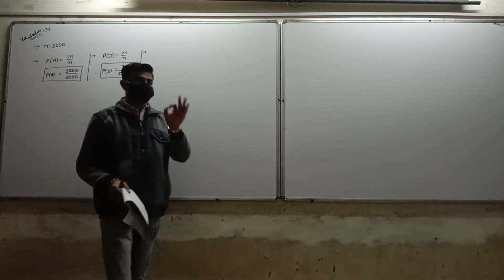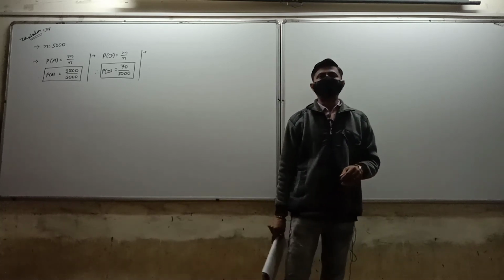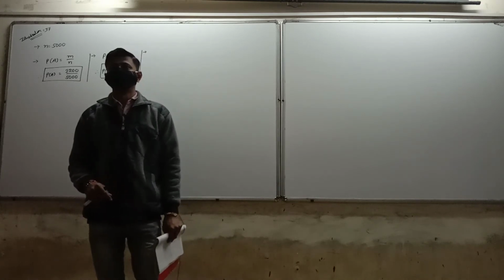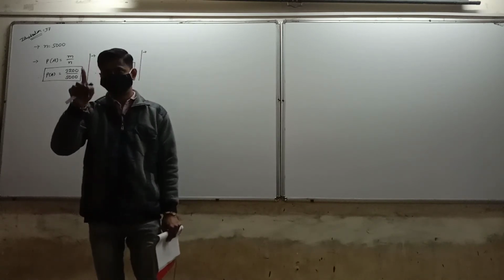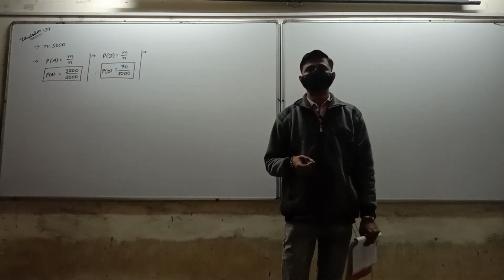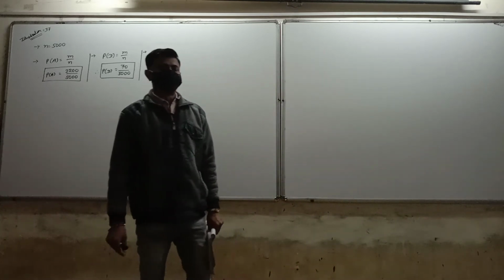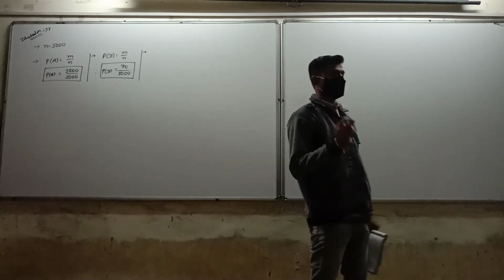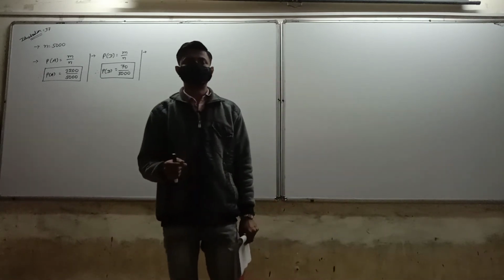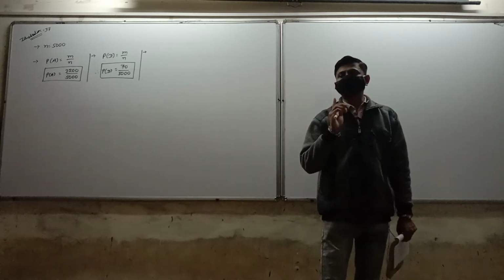Event A intersection D is equal to selected item produced in shift 1 and it is defective.